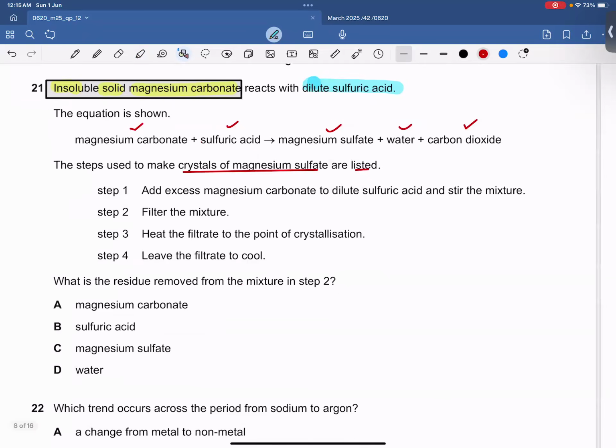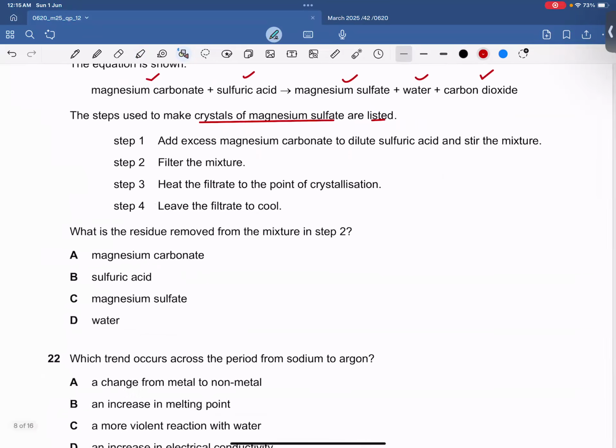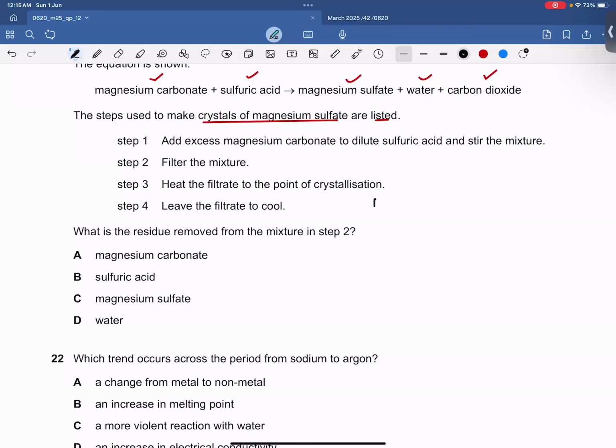Oh, the steps are already given. Step 1: add excess magnesium carbonate to dilute sulfuric acid. True. Stir the mixture. True. Filter the mixture. True. When you filter the mixture, you will get two things.